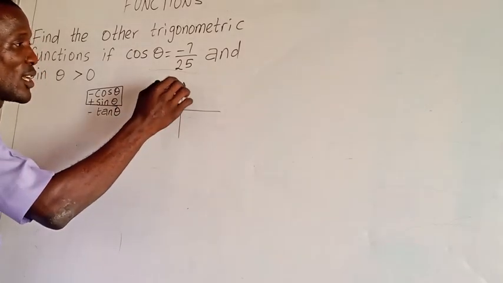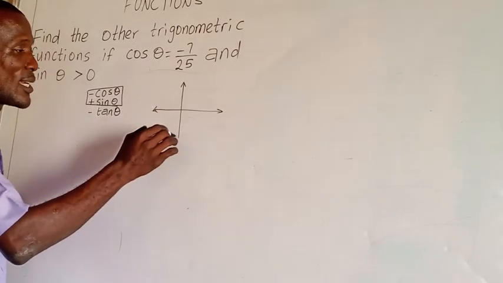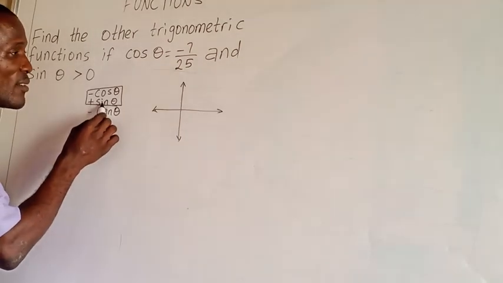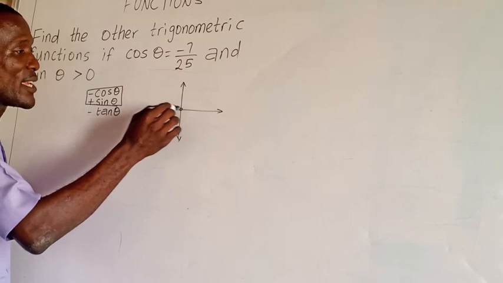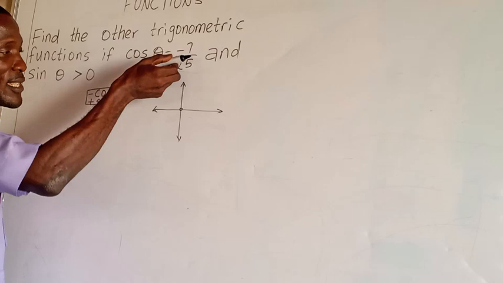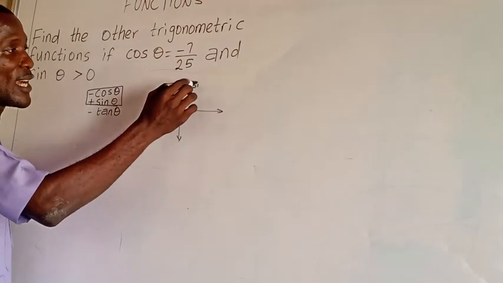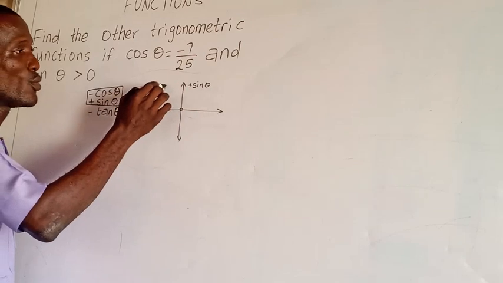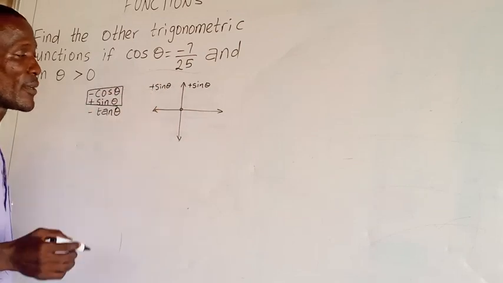Having said that, you should always remember that the value of our sin theta actually depicts the value of y. Which region is our y positive? Around this side. So sin theta is actually positive here. Then sin theta is also positive here.